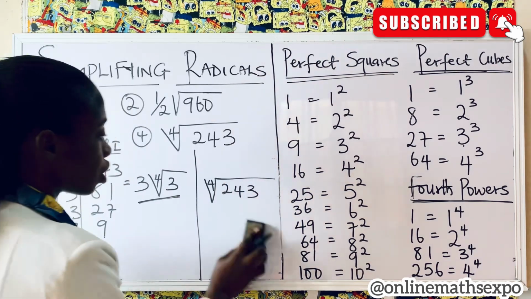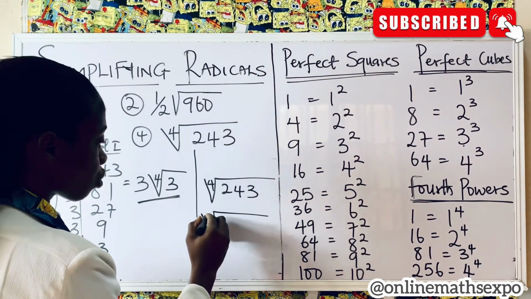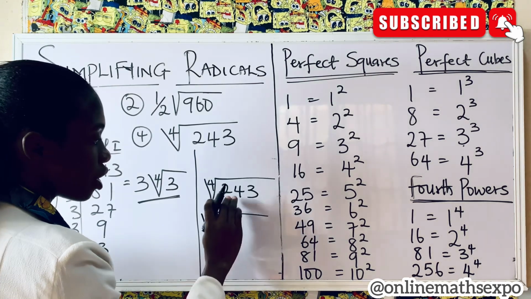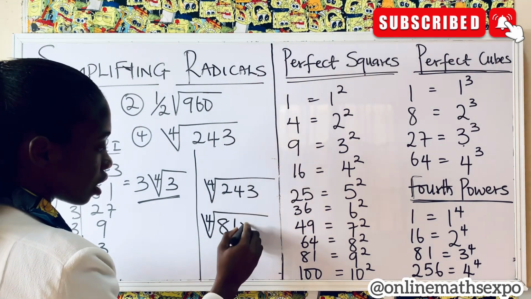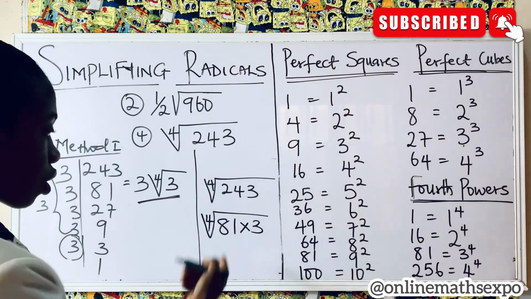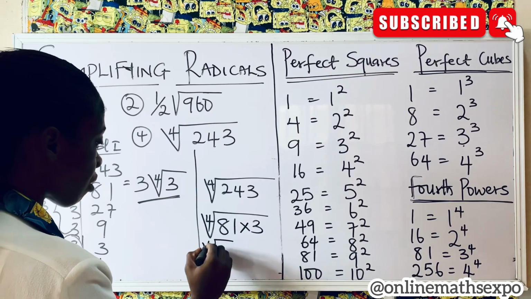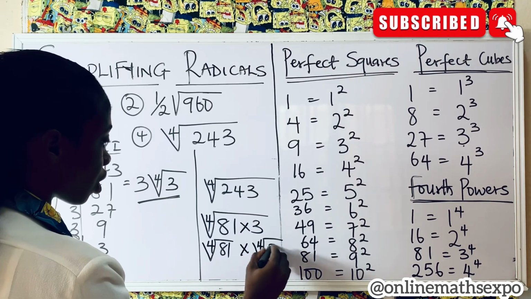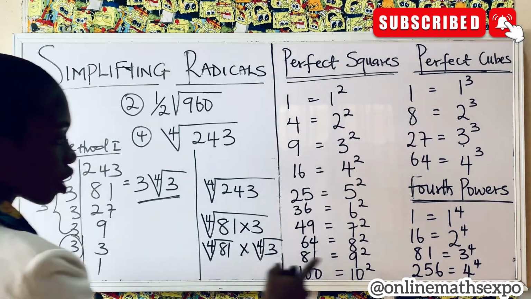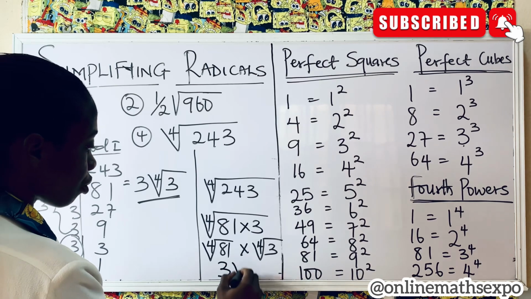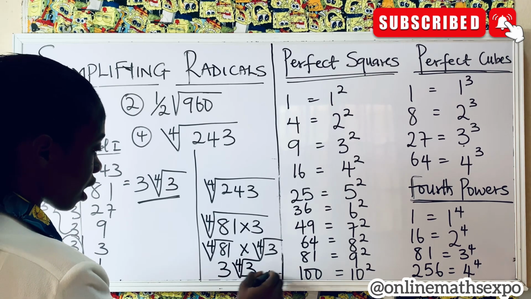So the next one there is you have 4th root of, this will be split to 81, and when you divide 243 by 81 it gives you 3. So you split this to have 4th root of 81 multiplied by 4th root of 3, and 4th root of 81 from here is 3, so we have 3 4th root of 3 as an answer.